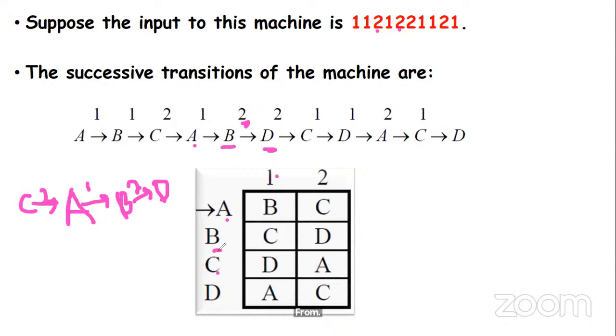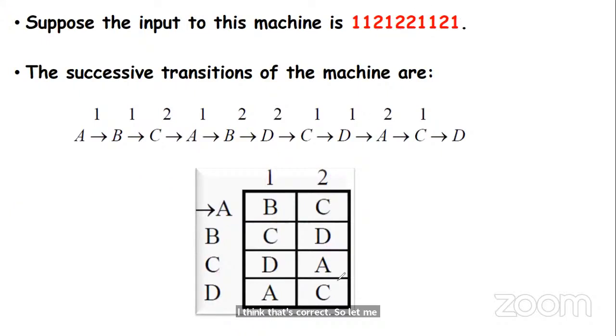Upon receipt of 2, it goes to D. No, from B goes to D, yes. Okay, so I think that's correct. So let me clean so that I can allow. Okay, thank you.